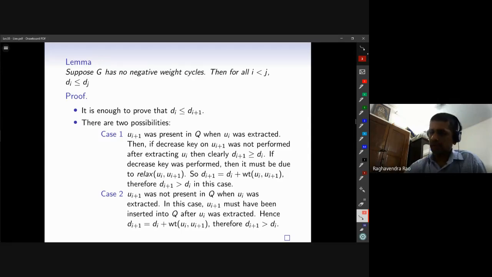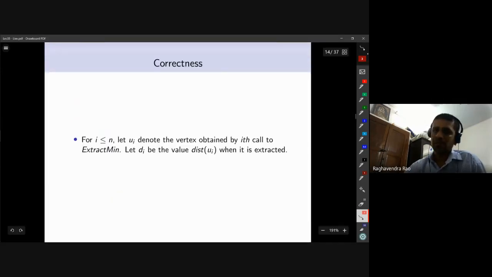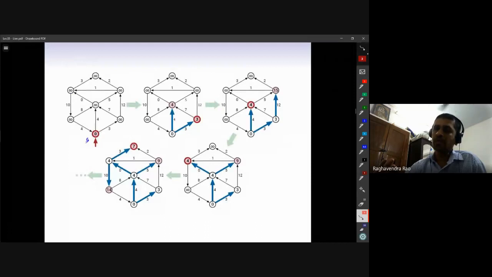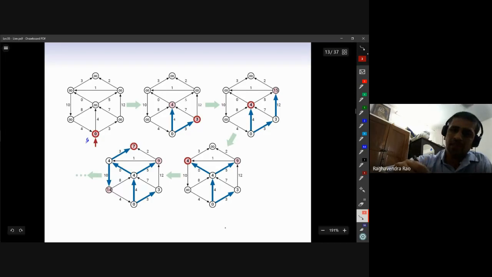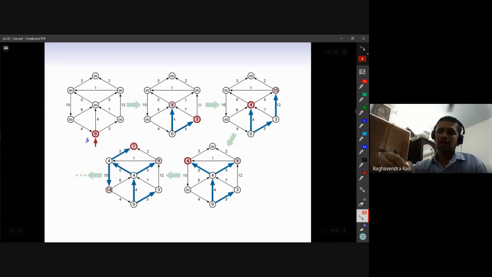So let's look at this example. What are the distance values of the extracted vertices? d1 is 0, d2 is 3, d3 is 4, d4 is 4, d5 is 7, and then of course the next extracted will be 9.